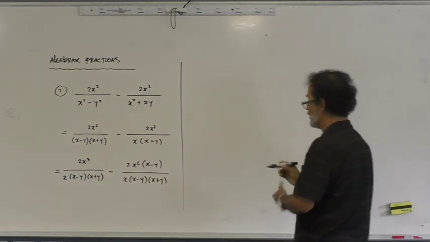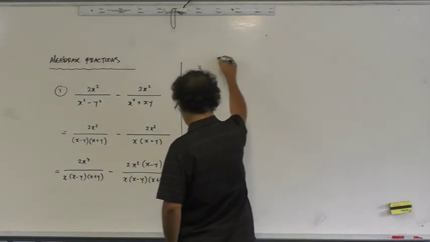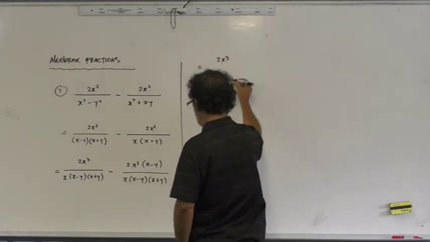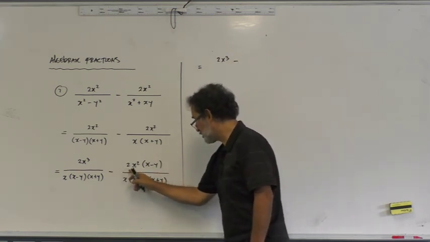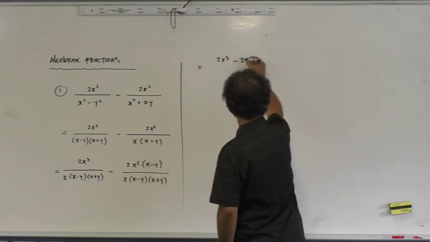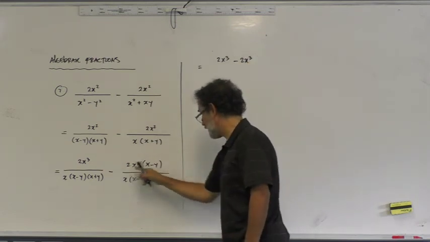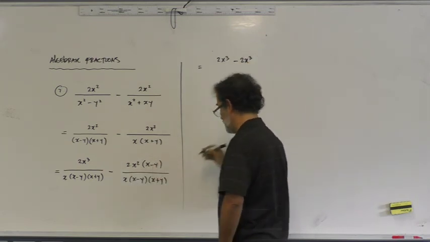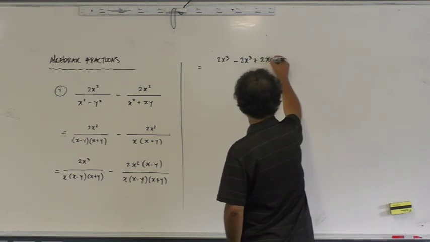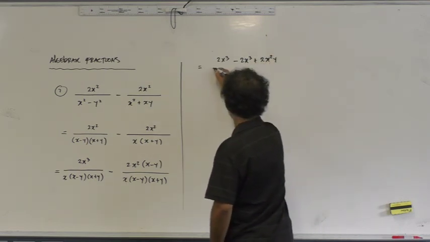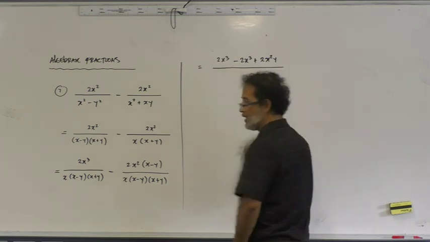Okay, now we put them together, so it's going to be 2x cubed, and then minus 2x cubed. So it's going to be 2x cubed, that's correct, but then negative and negative, so it's going to be plus 2x squared y.